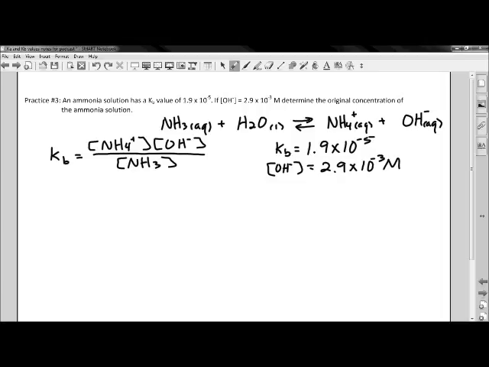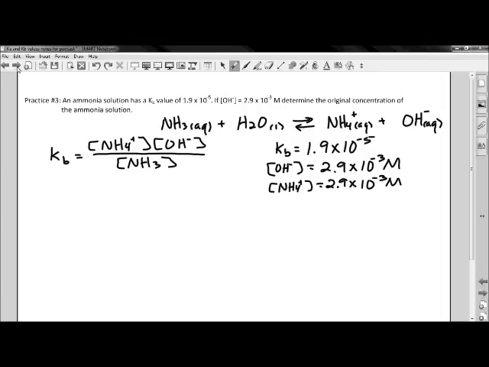Well, remembering back, if we know the hydroxide, then I also must know my NH4 plus, my ammonium ion, because however many hydroxides form, that's how many ammonium ions form, so it has to be the same here. All right, well, we've got all variables except one, so let's plug into our equation.